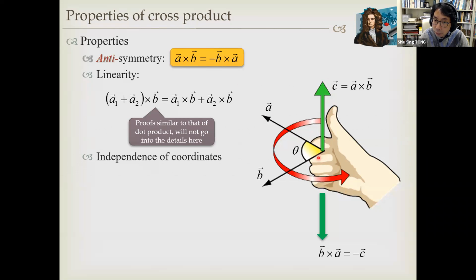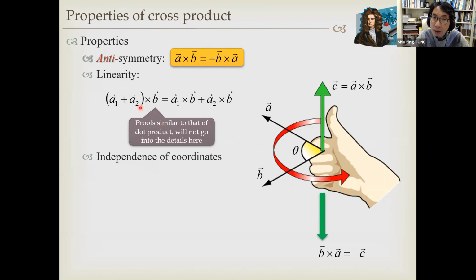But if I go from the vector B to the vector A and I use my right hand again, my thumb will go in the downward direction. So that's why A cross B and B cross A are in opposite directions. They are the same, but with the opposite sign. Okay.